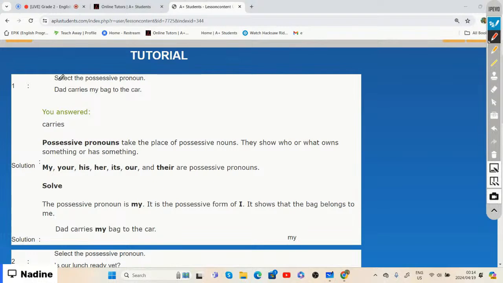All right. We need to look at this sentence. It says, Dad carries my bag to the car. We need to look at the sentence and select the possessive pronoun.